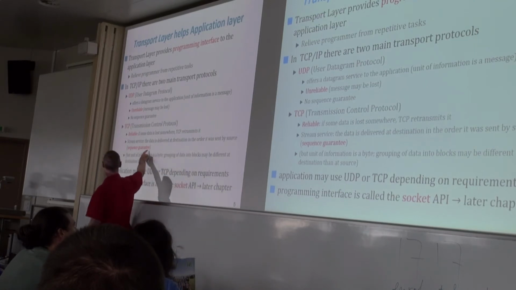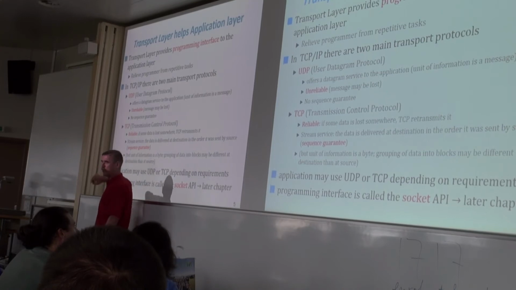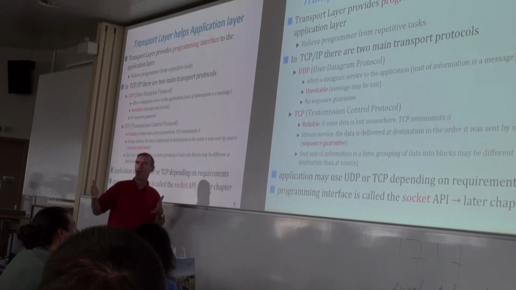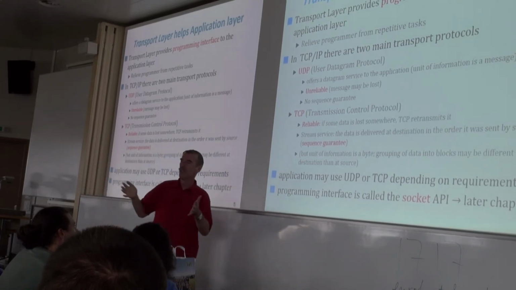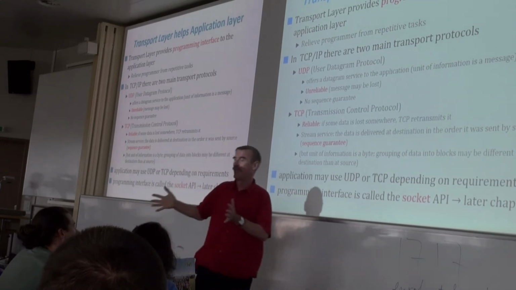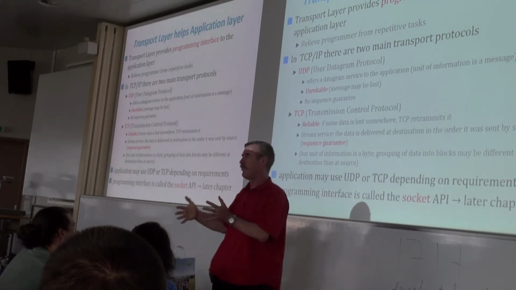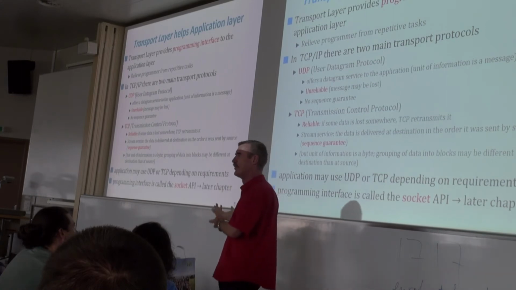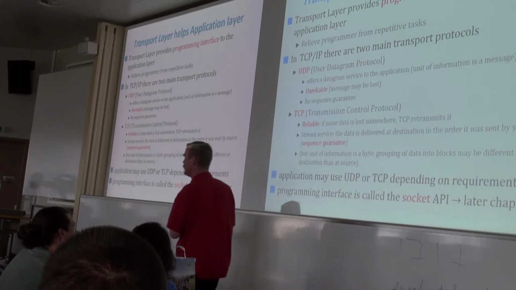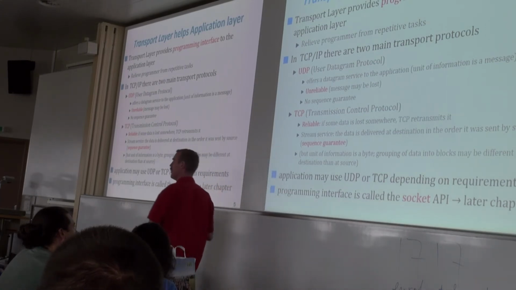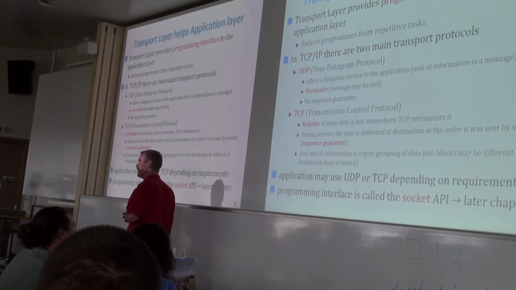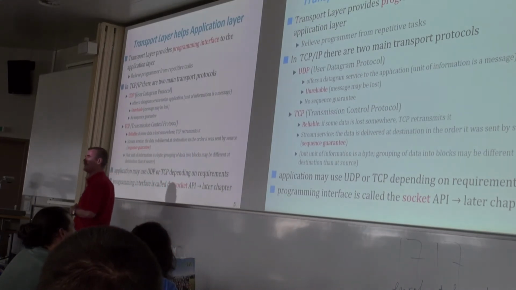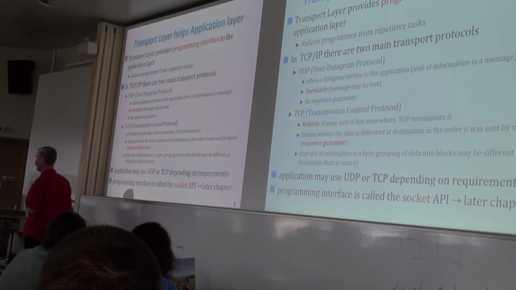Now, if we go technically, it means it provides a sequence guarantee. Sequence guarantee means if I write into a file a block of 1 million bytes, they will be written by the operating system in exactly the order that I've written them into the file. TCP will do the same thing. If I send using TCP 1 million bytes to another computer, it is guaranteed that the other computer will receive the 1 million bytes in exactly the order I've sent them.